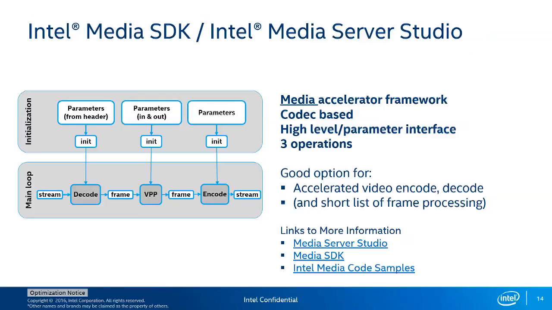It's encode, decode, and VPP for frame processing. This initialization stage lets you supply parameters to the framework, and then the main loop. All the application does is specify how the pointers move between the stages. So the actual compute happens somewhere else.